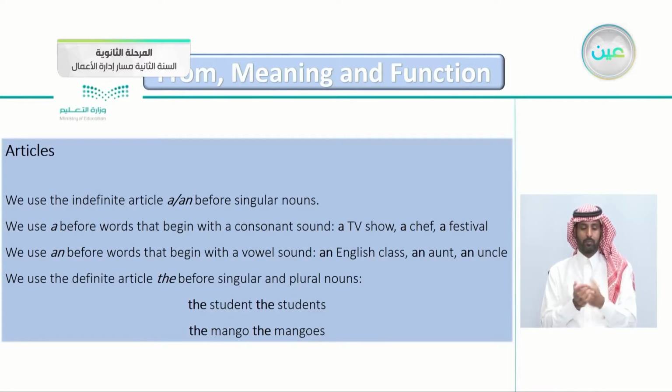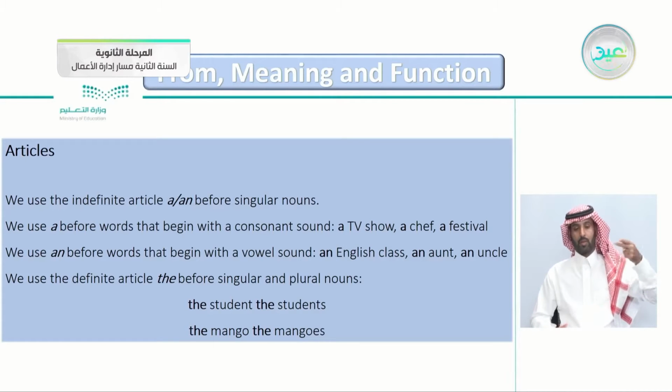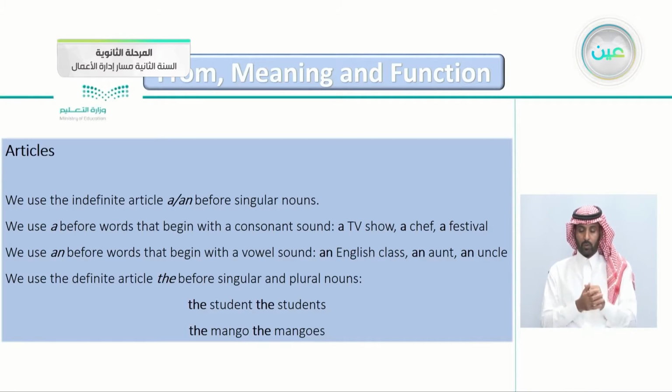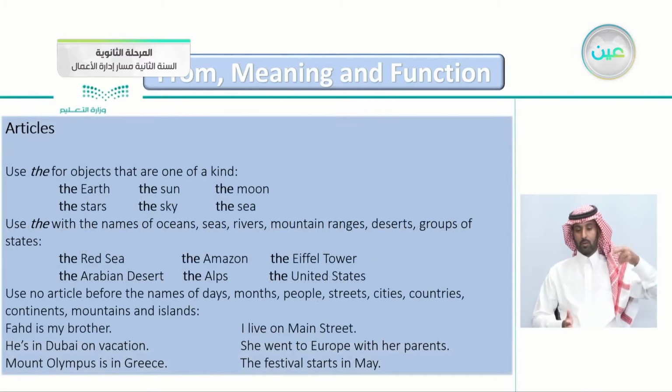We use the definite article the before singular and plural nouns. The student and the students, the mango, the mangoes, etc. We use the for objects that are one of a kind.